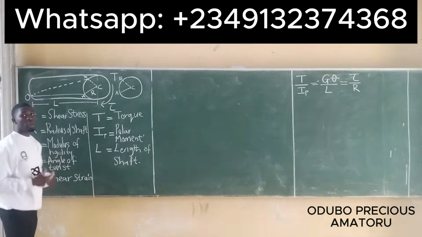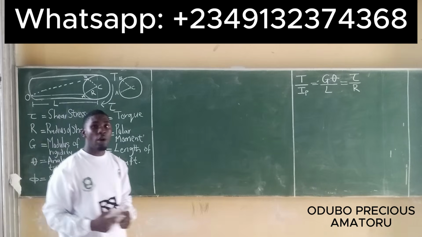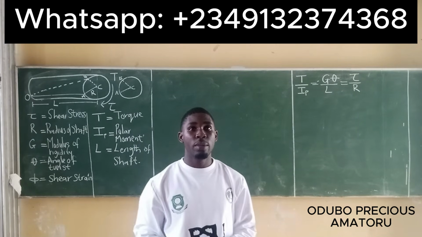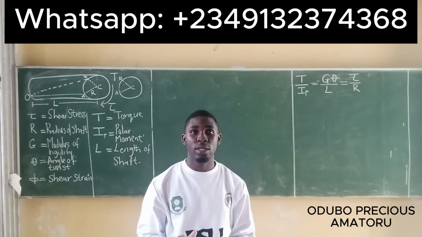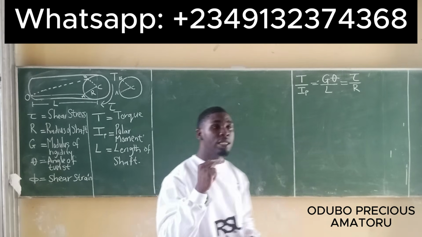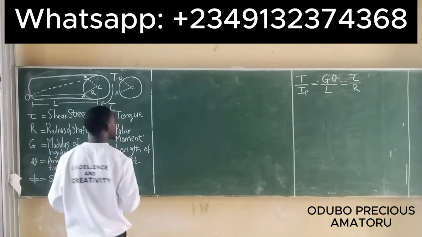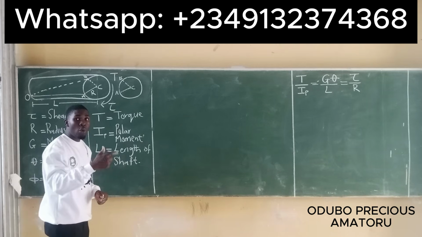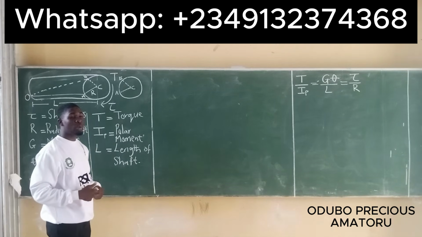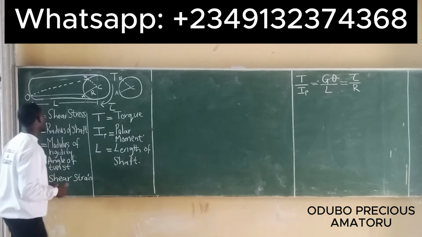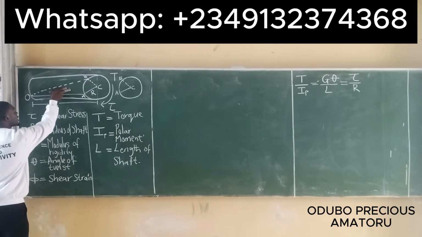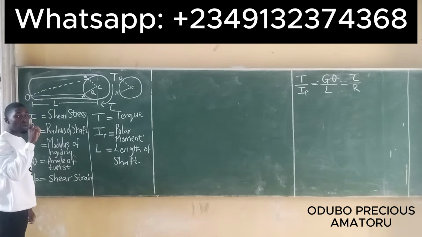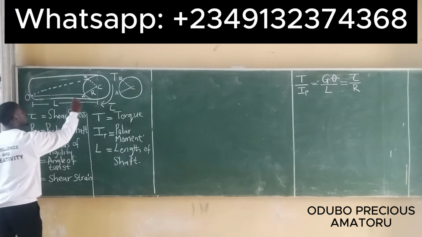Before you attempt deriving the equation of torsion, I want you to note down three key ideas, because they are going to guide you while you derive it. Looking at this triangle, you analyze this part first.